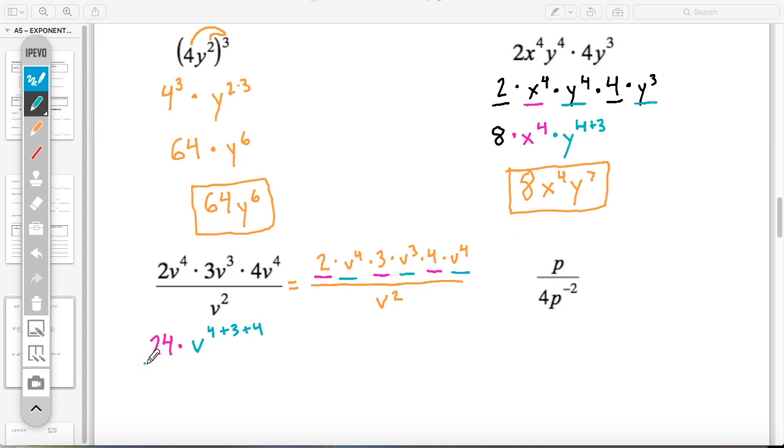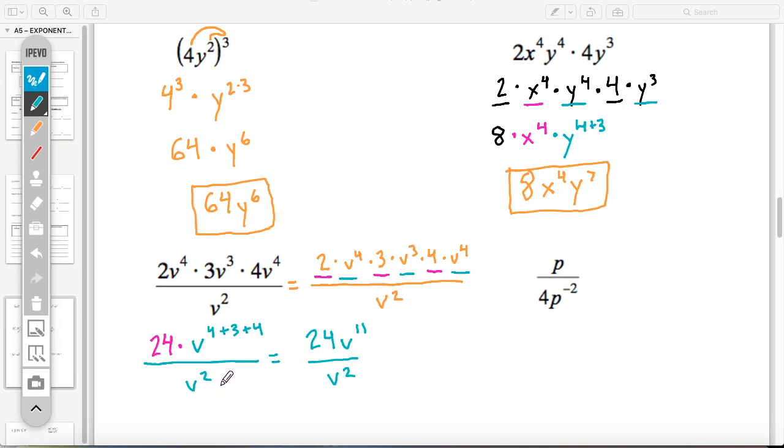Okay, and of course this is all divided by this v squared. Don't forget about that. Okay, so right here, this equals 24 v, 4 plus 3 is 7, plus 4 is 11, over v squared. Okay, so am I done here?